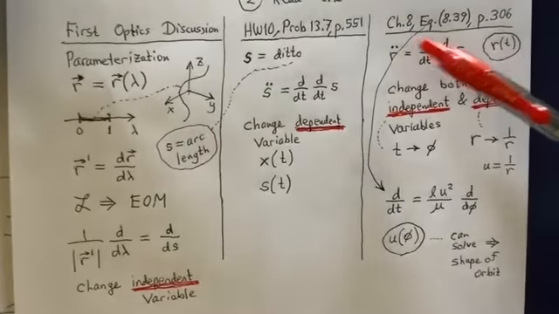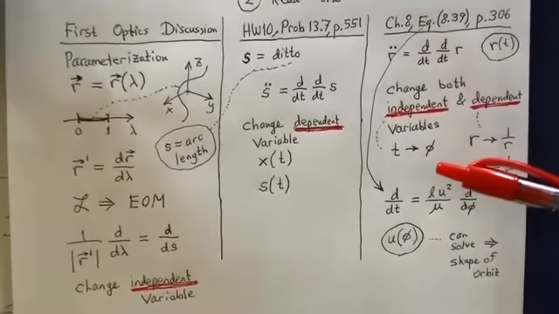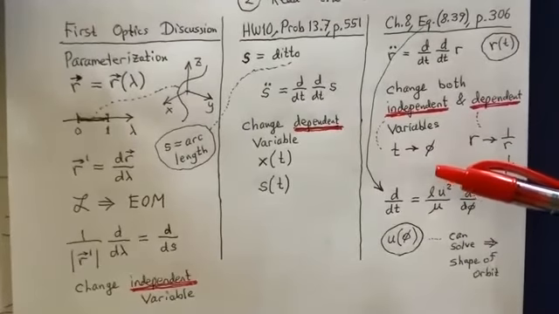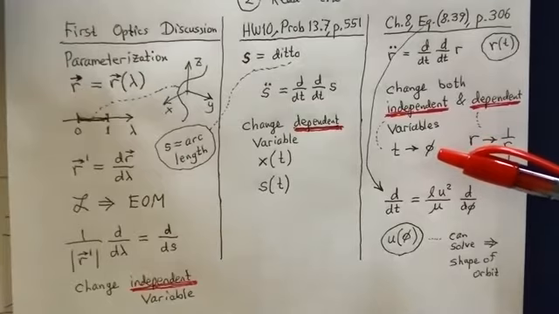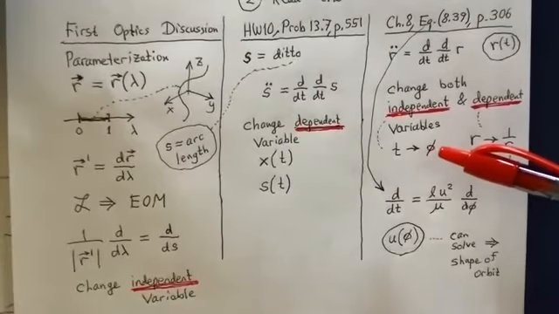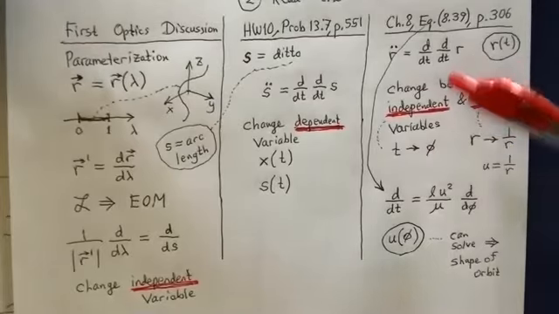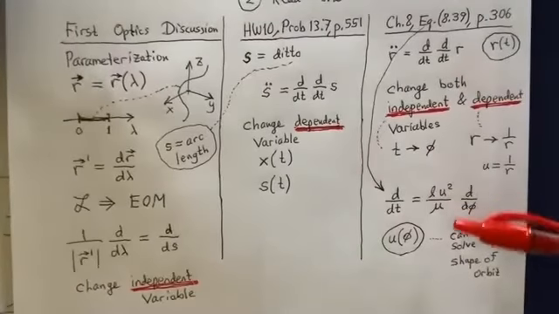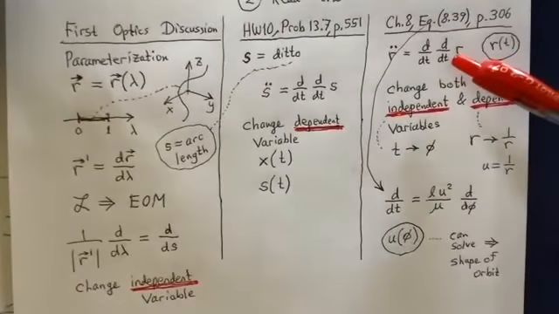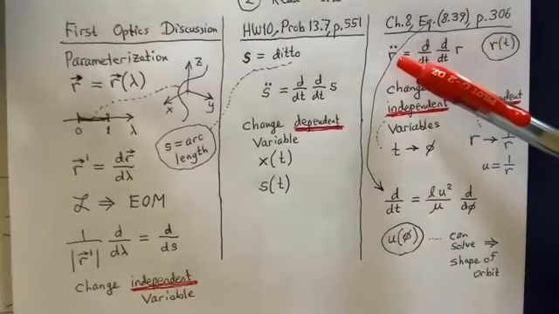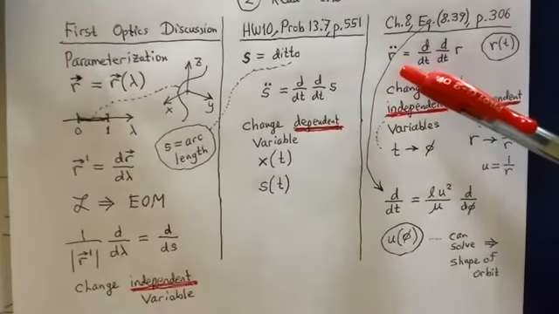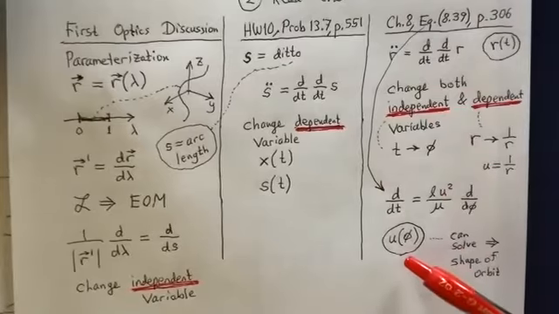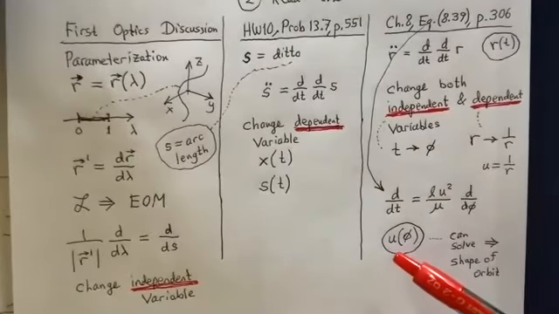In chapter 8, as you know, this is one of the most momentous achievements of classical mechanics, solving and showing that an inverse square force gives us these elliptical orbits. This transformation really was at the heart of it. We had a difficult equation, this equation for r double dot at the top of page 306, and we transformed it to a differential equation for u.